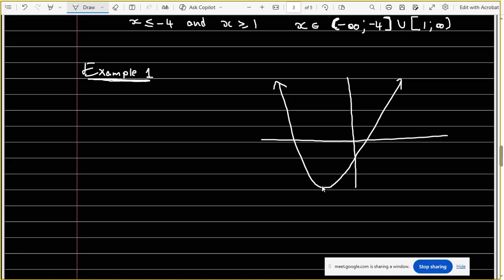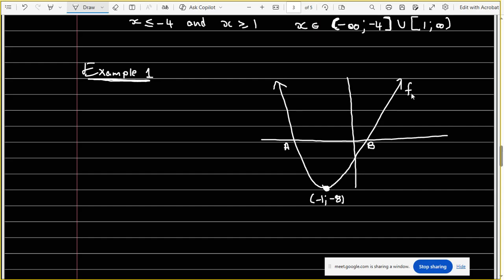The turning point is minus 1 and minus 8. This is your point A, and this is your point B. Let's say this is f.